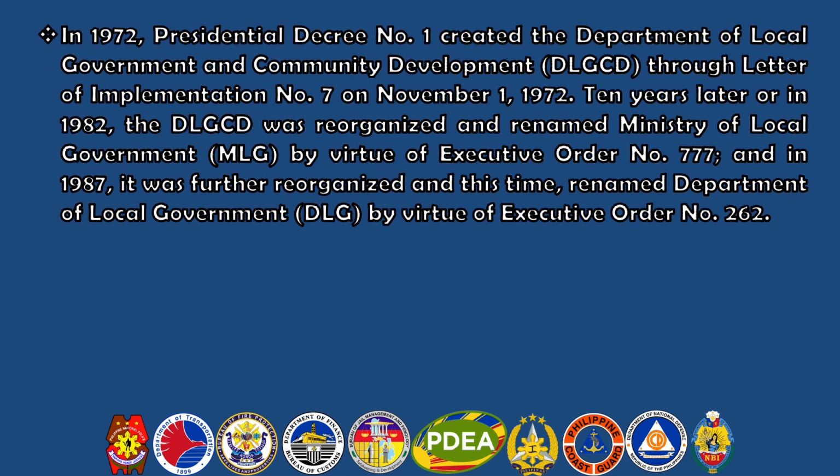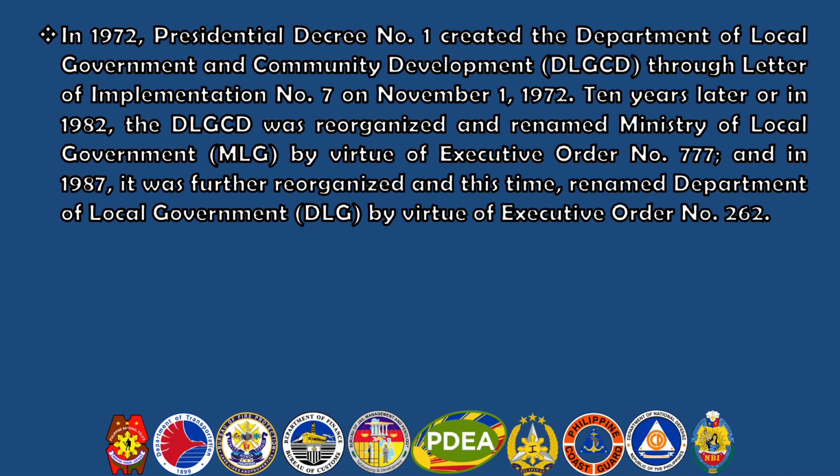In 1972, Presidential Decree No. 1 created the Department of Local Government and Community Development through Implementation No. 7 on November 1, 1972. In 1982, the DLGCD was reorganized and renamed Ministry of Local Government by virtue of Executive Order number 777.